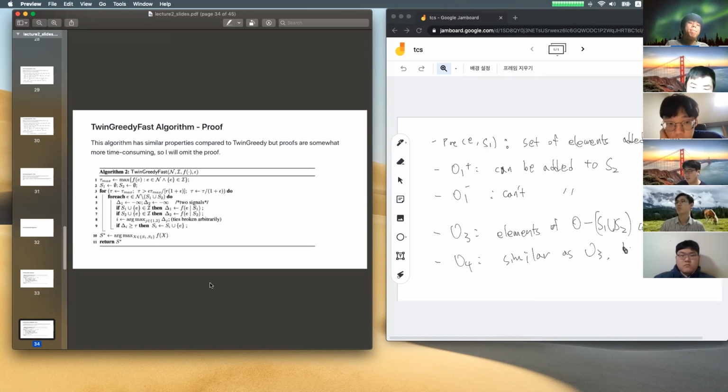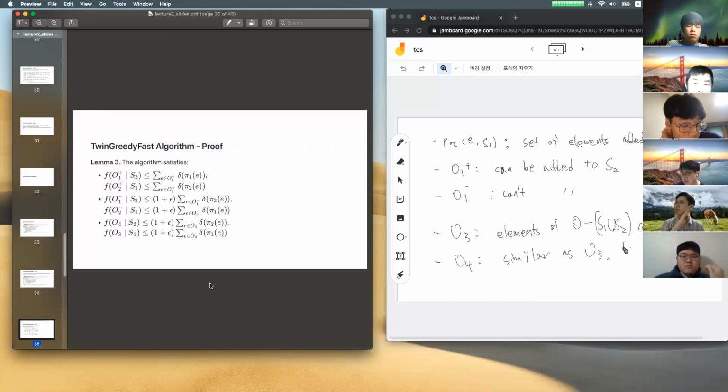So this algorithm has very similar properties to the previous algorithm, but proving the lemmas for this algorithm also uses computation, and I think it uses more computation. So I skipped it; I didn't put the proof in the slide. This is similar to what we saw in a previous slide.